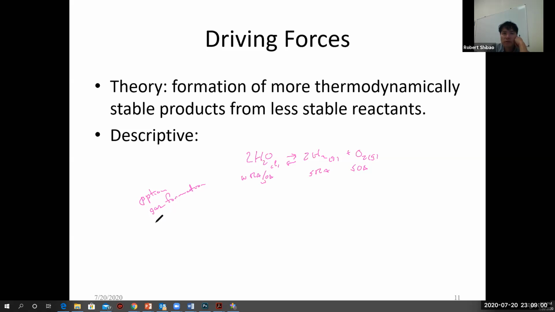Formation of going from a stronger acid to a weaker acid. Stronger acids are more reactive, less stable. Weaker acids are more stable. And going from a stronger base to a weaker base. And those would be other types of things we'd look for descriptively in driving forces.